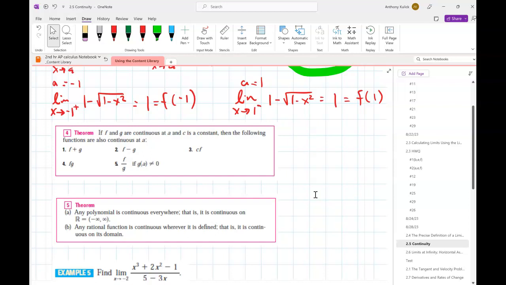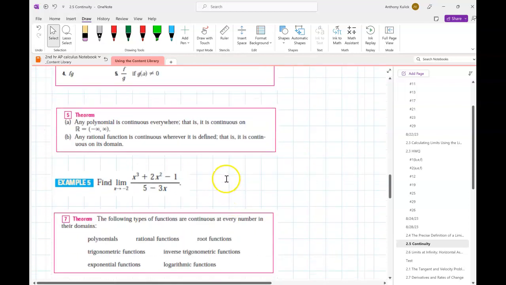A rational function is a polynomial divided by another polynomial. So the examples are rational, and so they're always continuous on their domains.